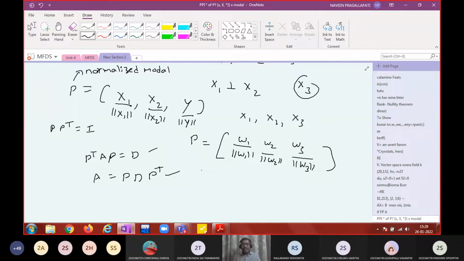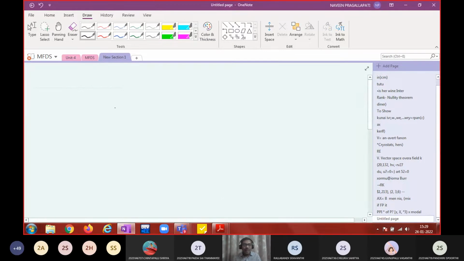Okay, now the question is, this is possible only for an n by n matrix. For an n by n matrix, we have seen a process of decomposing a matrix like P D P transpose.